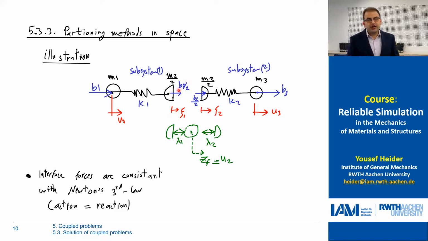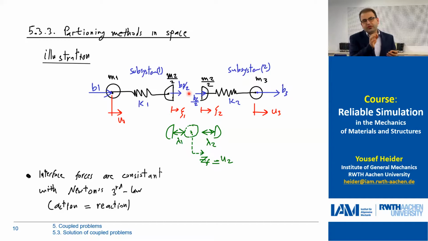But we have to make sure that at the interface we have compatibility and force balance. It means that the interface forces are consistent with Newton's third law, which is action equals reaction. So we have a balance on the interface, and then we have a kind of compatibility because the material point at the interface belongs to each of the subsystems.